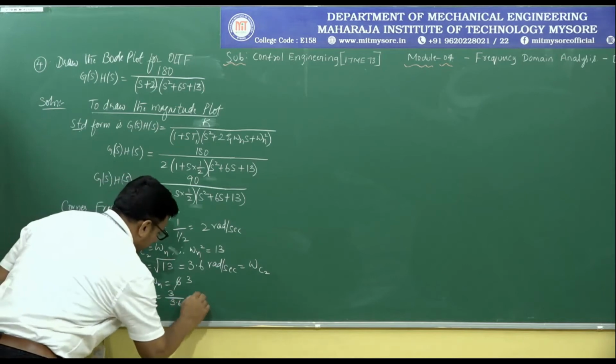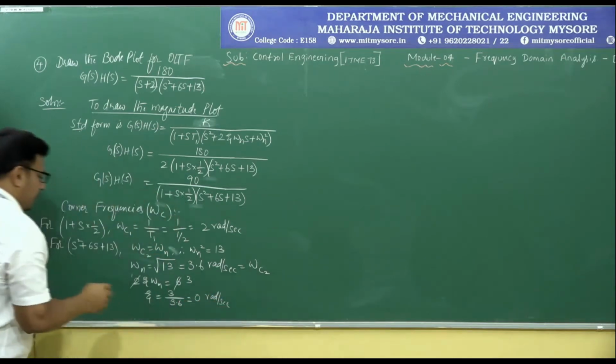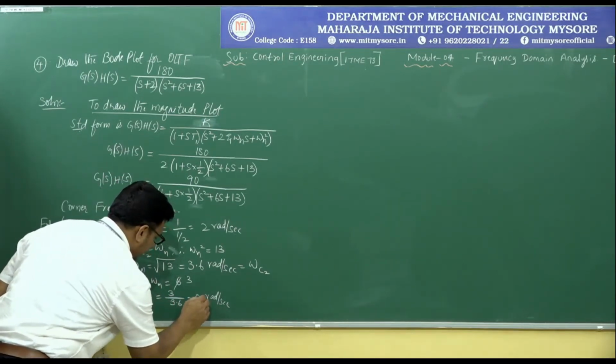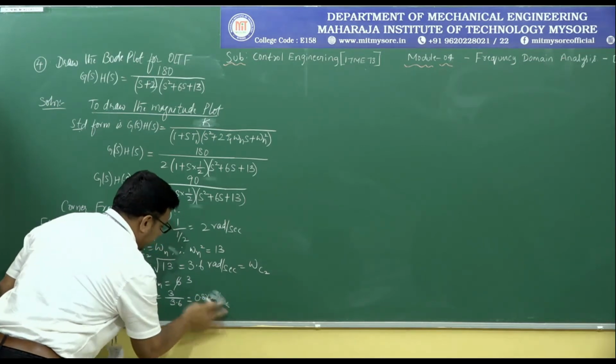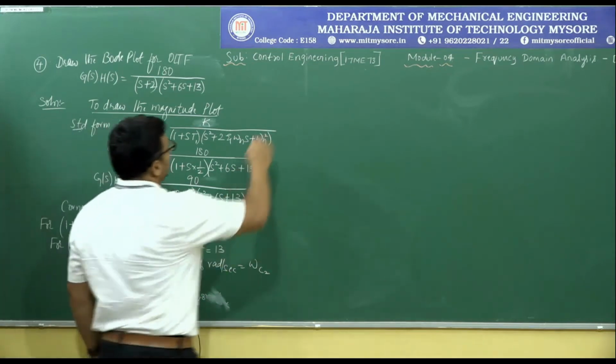So, this will be approximately 3 divided by 3.6, somewhere around 0.8 or something. This will not have a unit.